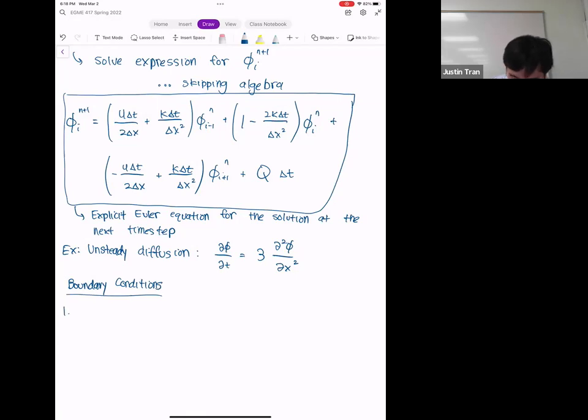Let's say that at x is equal to 0, for all times t, our boundary condition at the left side is going to be 1, so we have a Dirichlet boundary condition there. But on the other side of the domain, where x is equal to 1, we have a Neumann boundary condition where the derivative is set equal to 2. Okay.